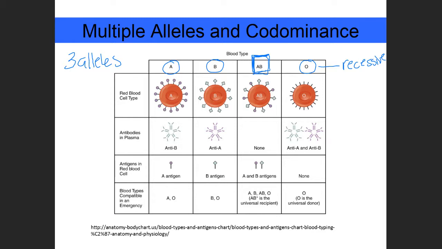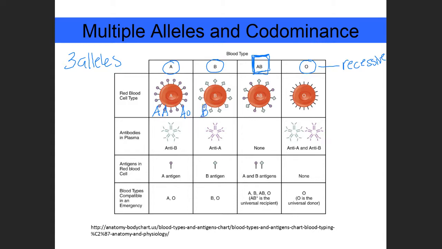So somebody can have blood type A, and if they have blood type A, their genotype would be AA. They could be homozygous dominant, or they could be AO. They could be a heterozygote. Someone could also have blood type B, and so their genotype for that would be, why is this not writing for me?